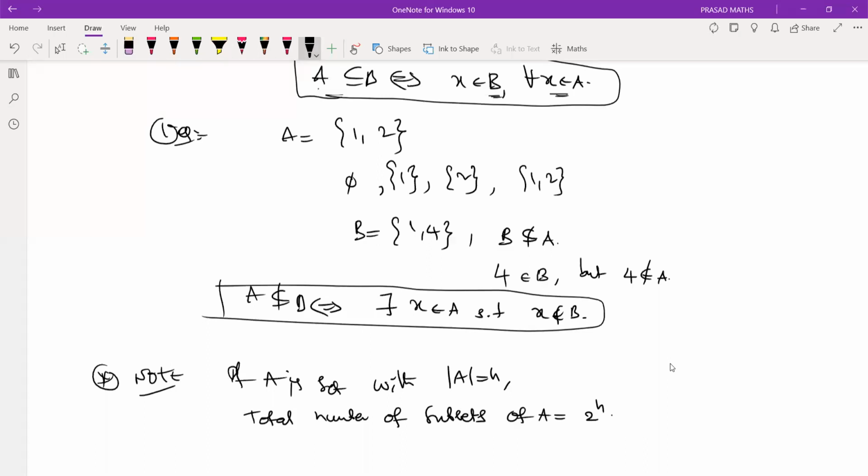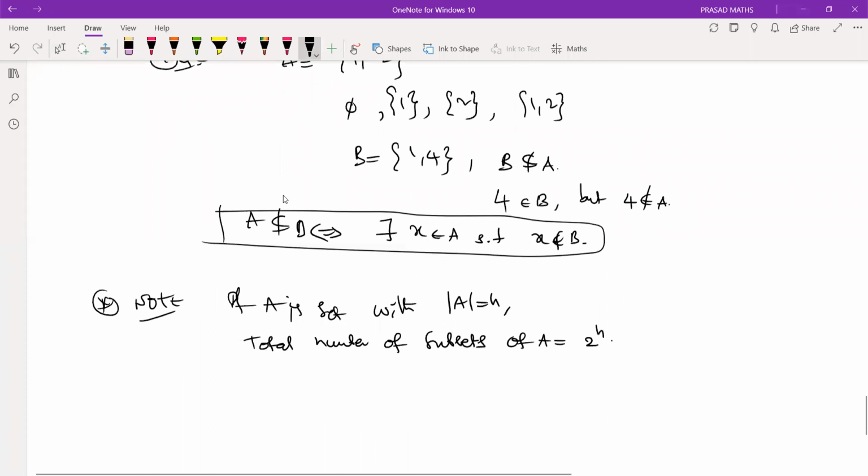See how many elements we have: n elements. We select none of the elements, that is nothing but nC0. We select singleton sets, that is nC1. We select two-element sets, nC2. We select n-element sets, that is nCn. Therefore, the total number of subsets is nC0 plus nC1 plus nC2 plus up to nCn.